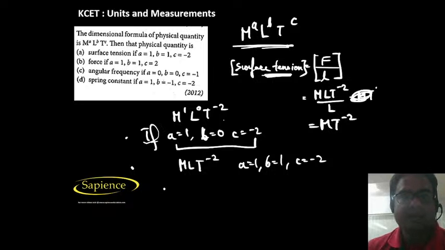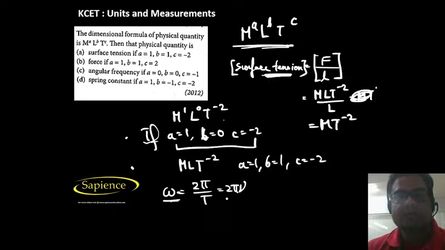And angular frequency, which is omega. Omega is the angular frequency, given as 2 pi by T, which is 2 pi times the frequency, 2 pi into nu. Angular frequency is the angle rotated per unit time interval.